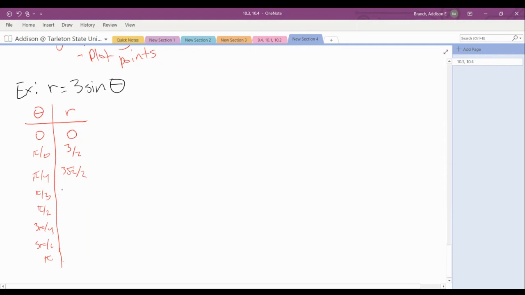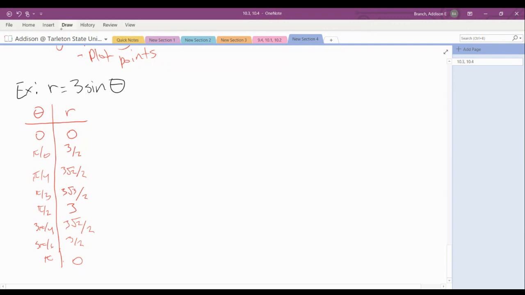At pi over 3, we would get 3 square root of 3 over 2. And at pi over 2, sine of pi over 2 is 1, so we get 3. At 3 pi over 4, we'd go back and get 3 square root of 2 over 2. At 5 pi over 6, we get 3 halves, and then at pi we get 0.